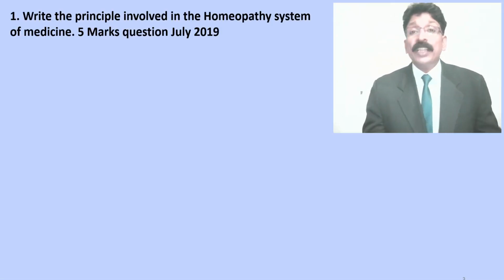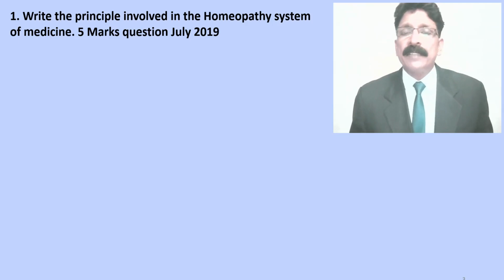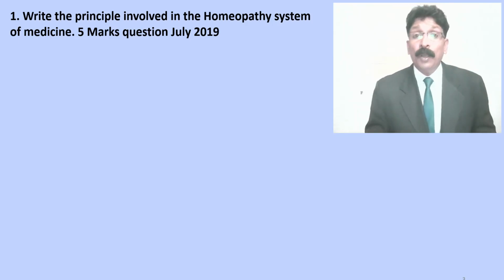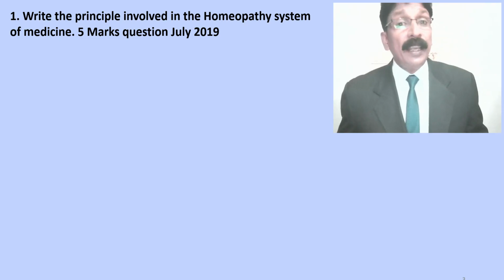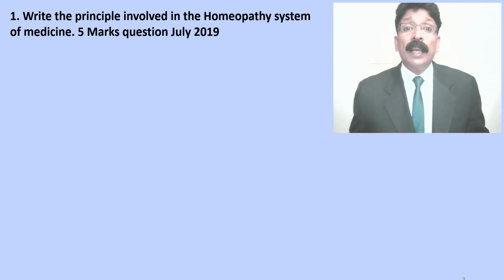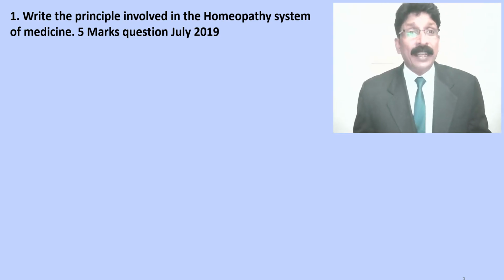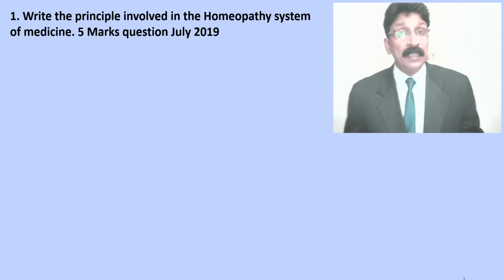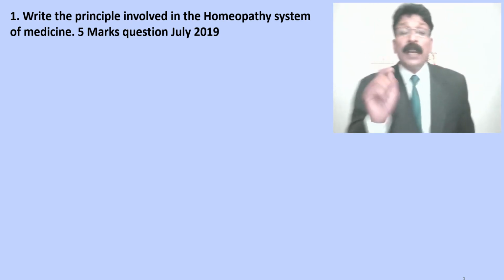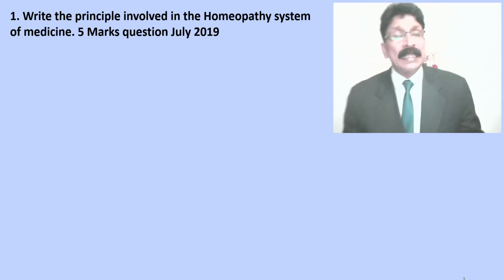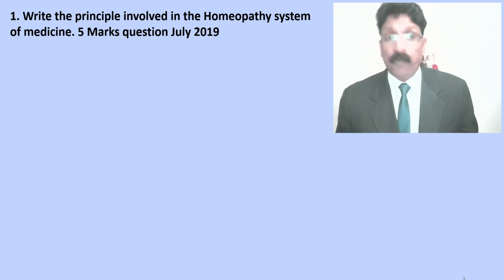See the questions which they have asked. According to that, I have made my lecture. You see, in July 2019, the first batch question paper for 4th semester by Kuhas: write the principle involved in homeopathy system of medicine. 5-mark question.